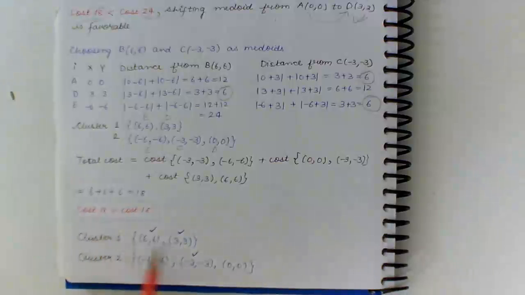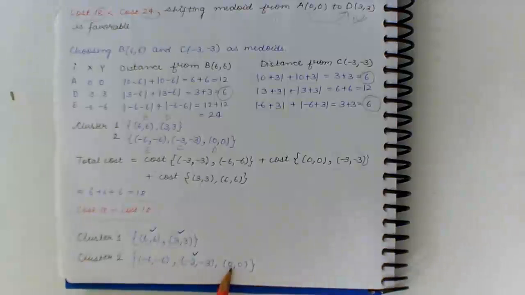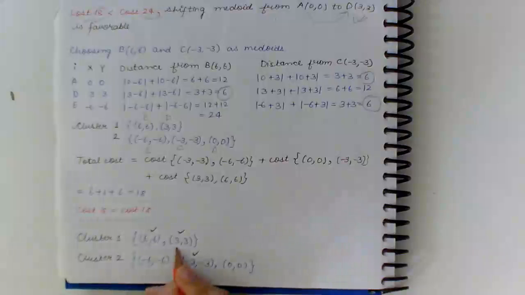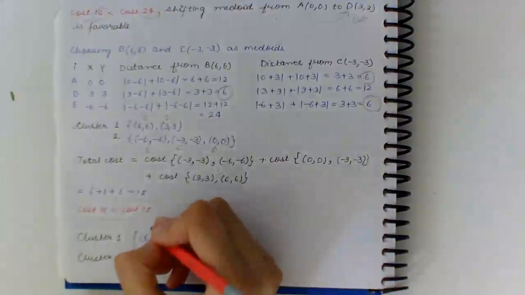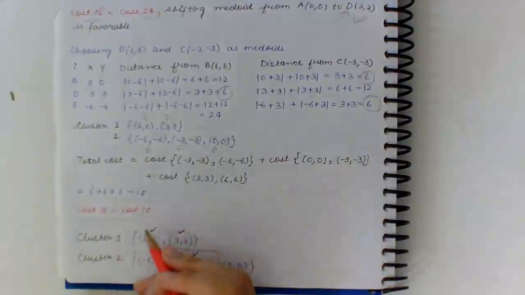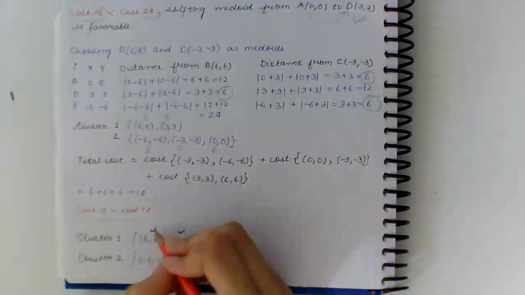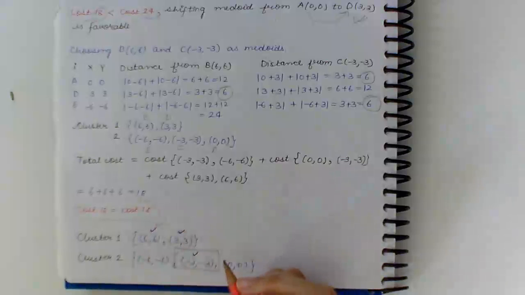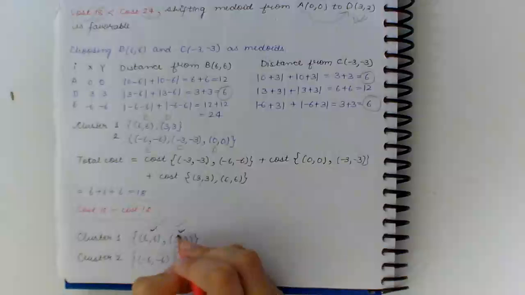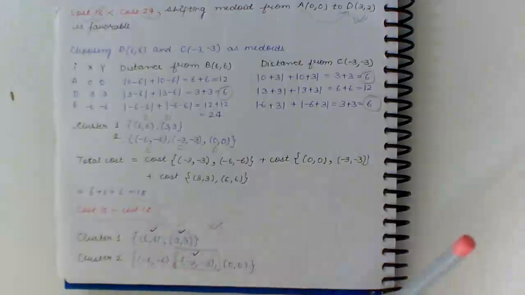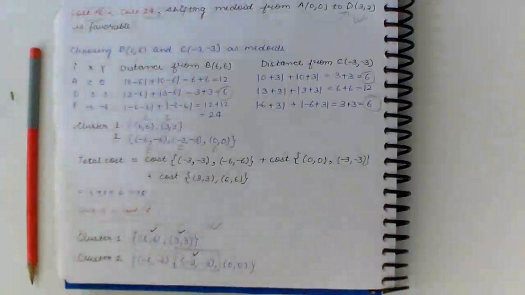So the two clusters which can be formed are cluster 1, that is (6, 6) and (3, 3), and cluster 2, that is (-6, -6), (-3, -3) and (0, 0), with the possible medoid for cluster 2 being (-3, -3), and for cluster 1 both of the values, (6, 6) and (3, 3), are good enough.